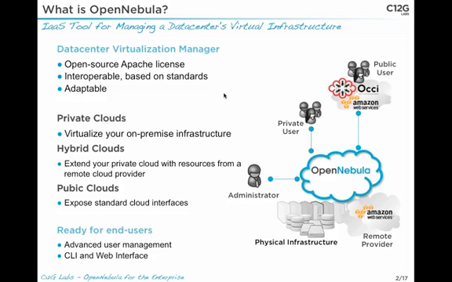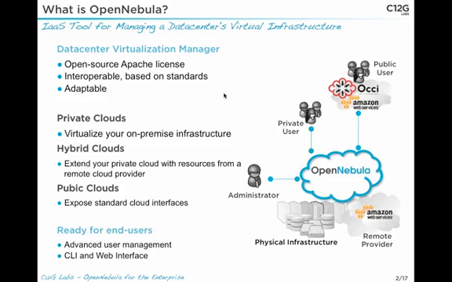So what can you do with the OpenNebula software? Well, basically you can create clouds. There are different kinds of clouds depending on who is going to be the consumer of the cloud and also what resources it uses. We can start with private clouds, which is basically turning your physical infrastructure into a cloud for your internal users.